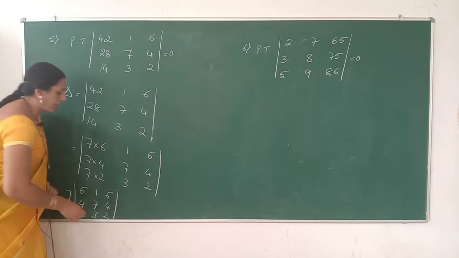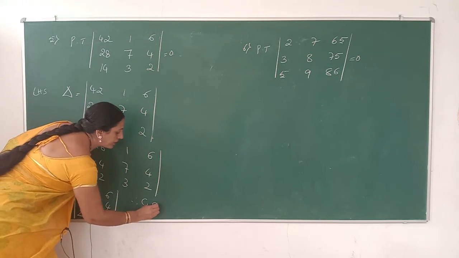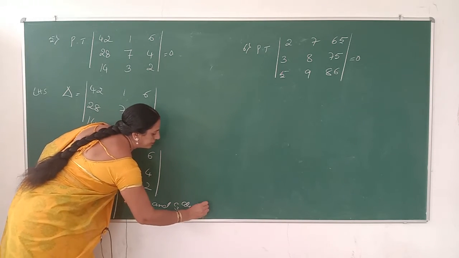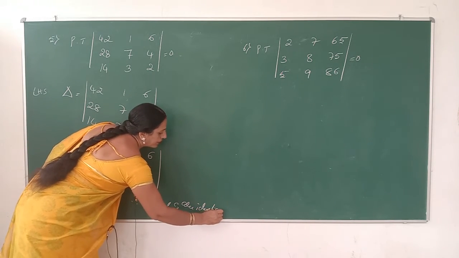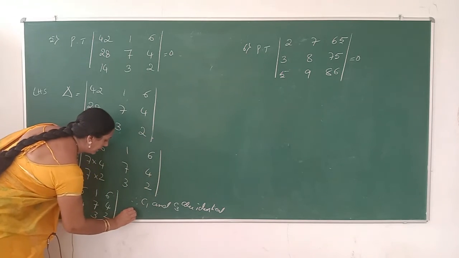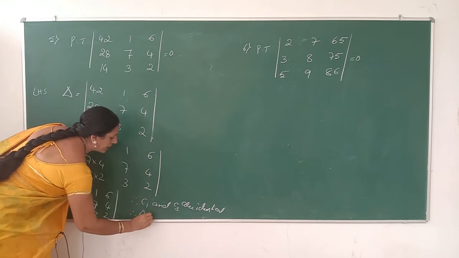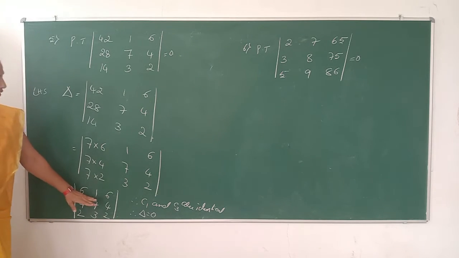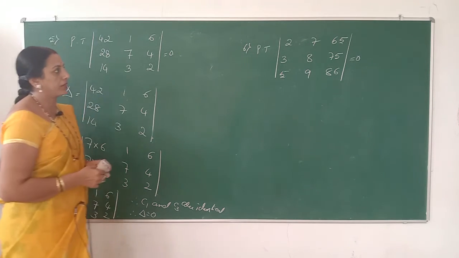All the elements of C1 and C3 are identical. Therefore the value of delta is equal to 0 by using the third property of determinants.